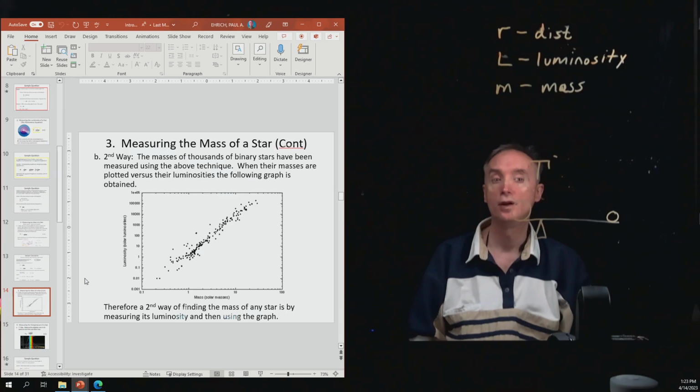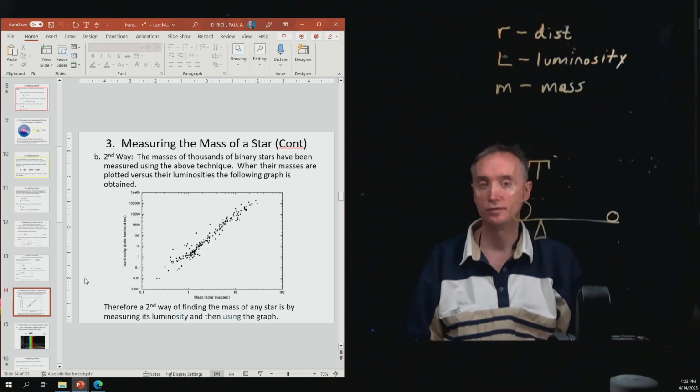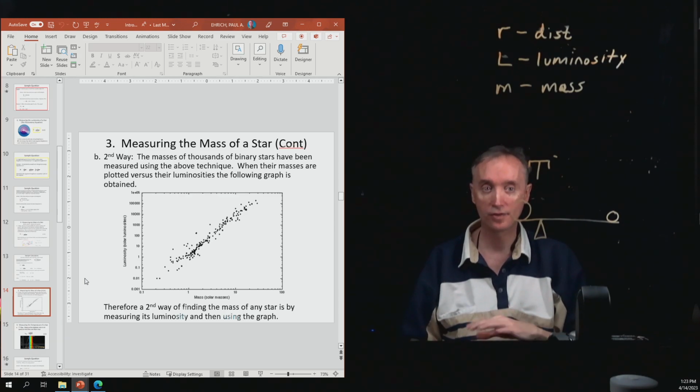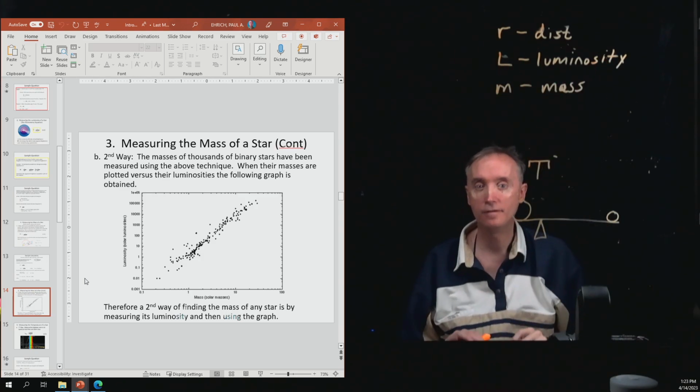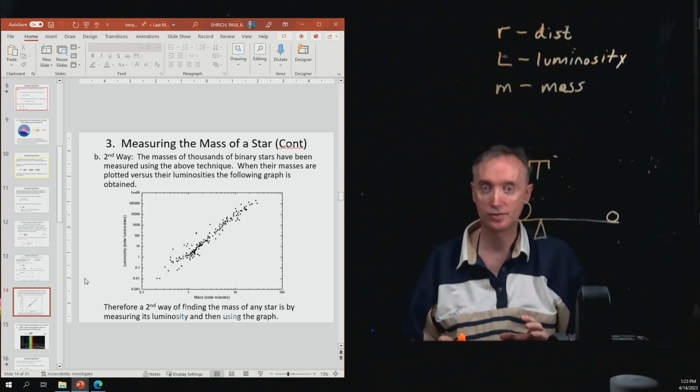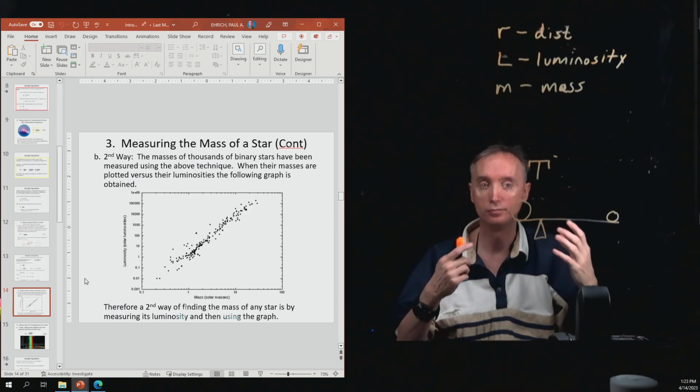Then what astronomers have done is they have measured the brightness, the luminosity, of thousands of stars by using the idea of photometry. They have measured the masses of those stars when they were binaries.